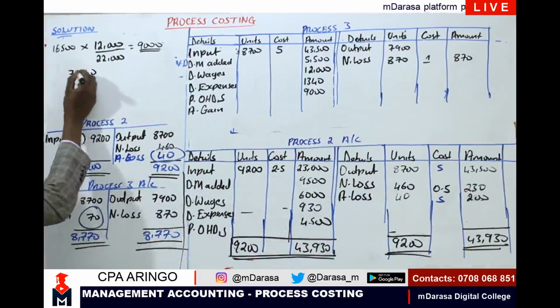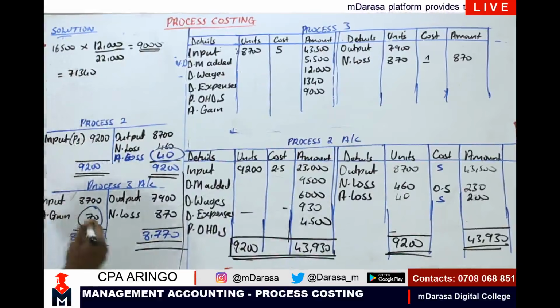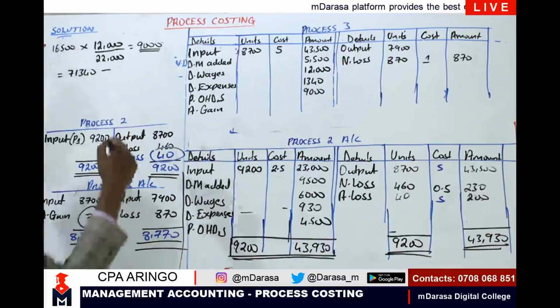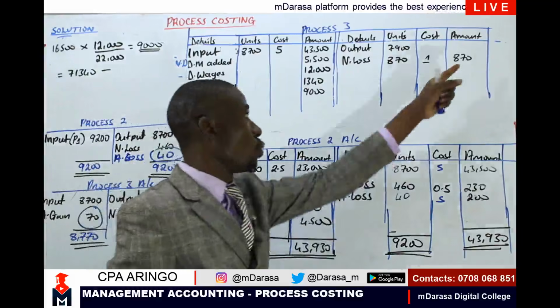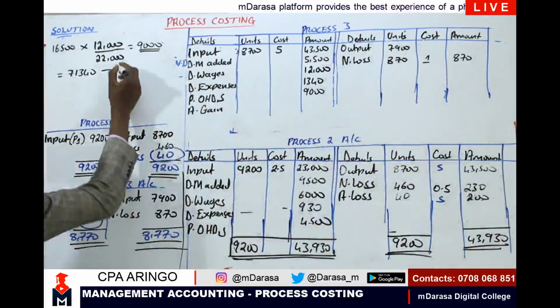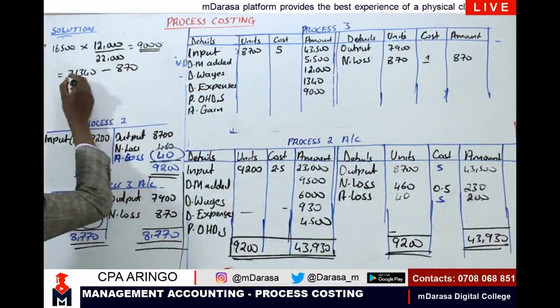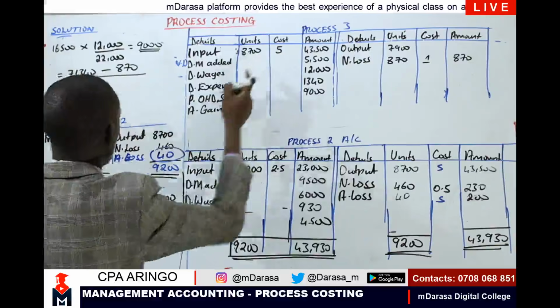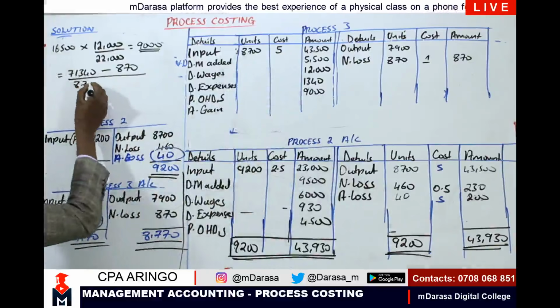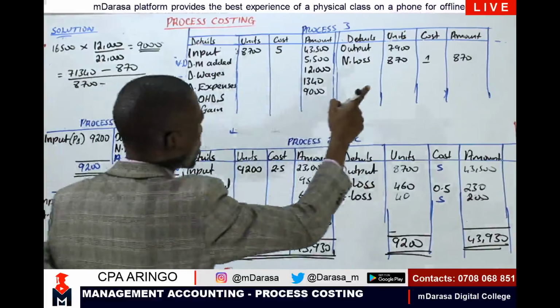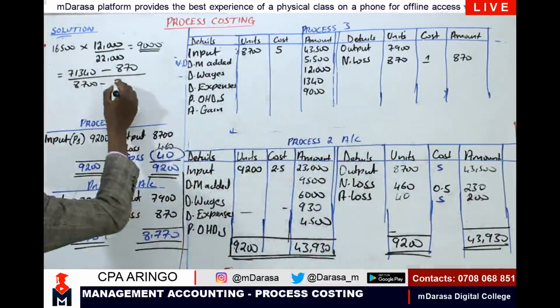I believe by now you know how to determine that. The total process cost minus normal loss value, which in this case is 870, we divide by our input, 8,700, minus normal loss units, 870.